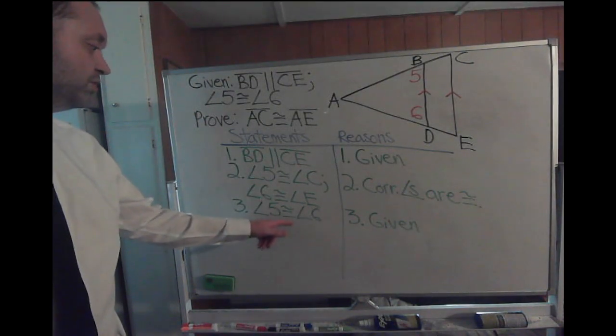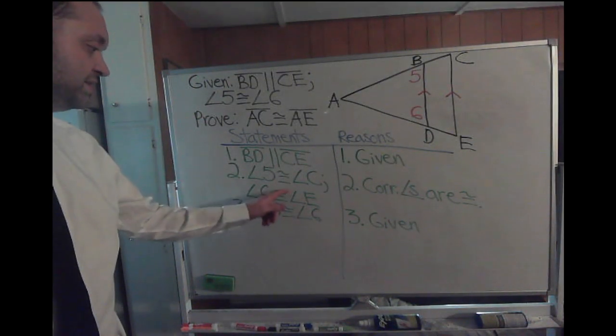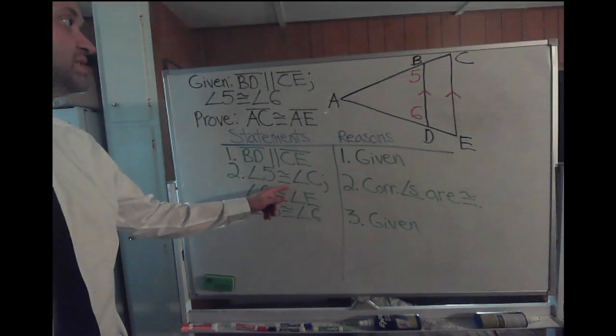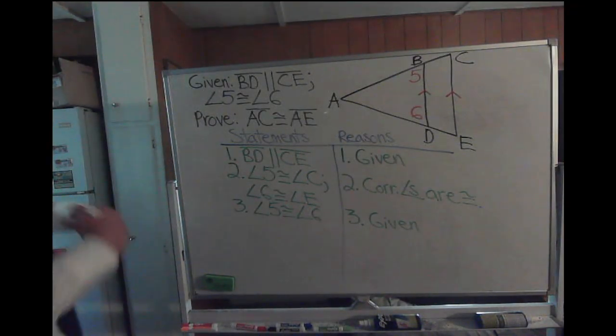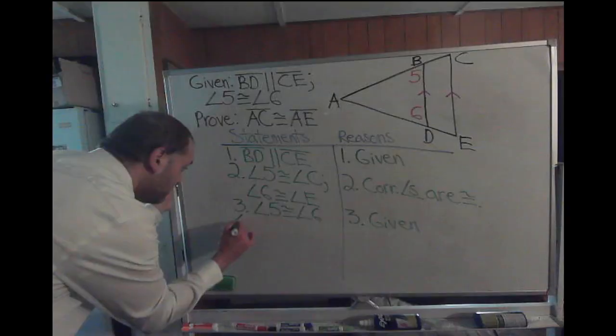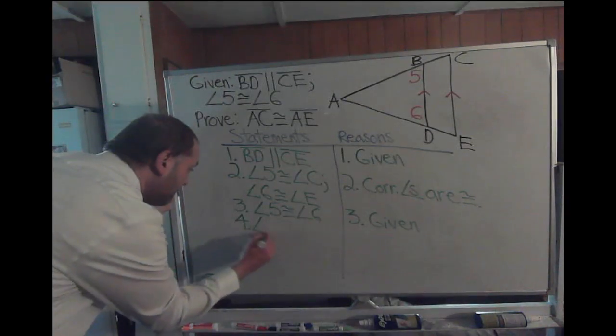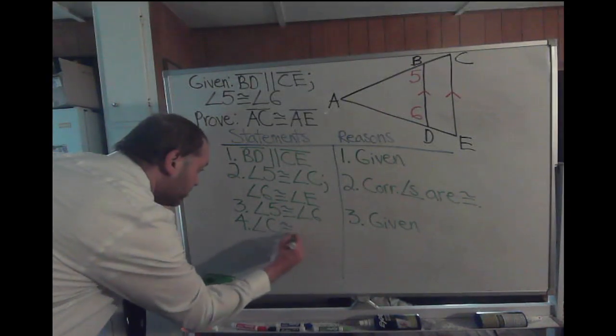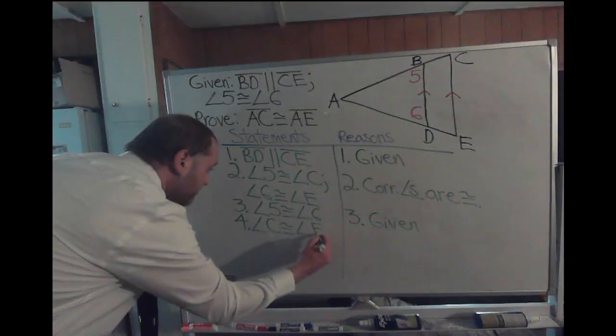So 5 is congruent to 6, 6 is congruent to E, so angle C is congruent to angle E by the transitive property.